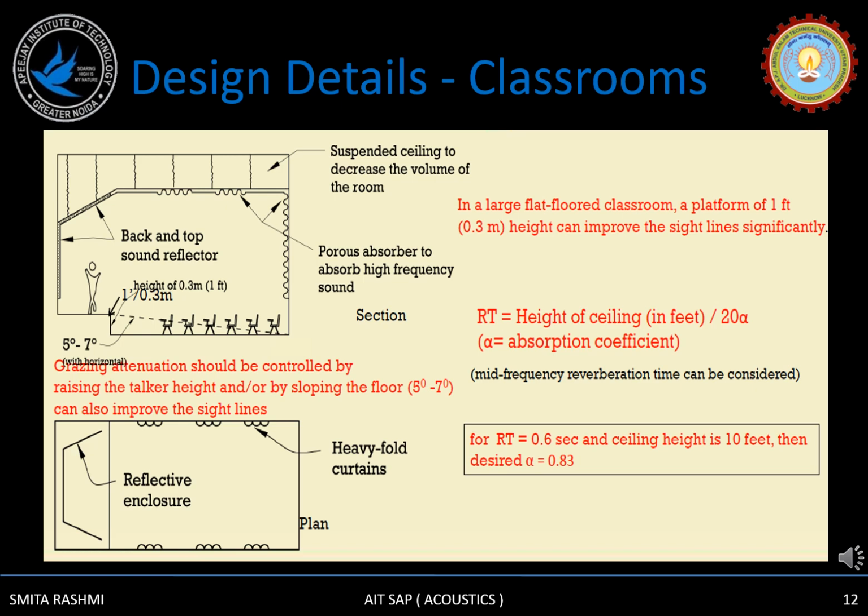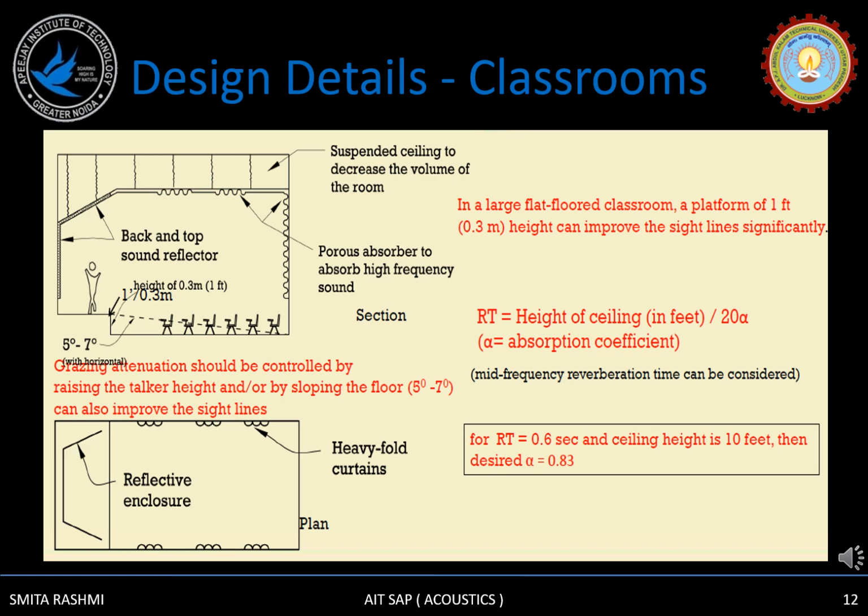The direct sound from the source has to be reinforced by the reflected sound. This is best possible by giving reflectors around the speaker so that the source sound is reinforced. And then at the ceiling level, you can see there is a false ceiling, a drop down level, and the ceiling has been treated with porous absorbers to absorb high frequency sound.